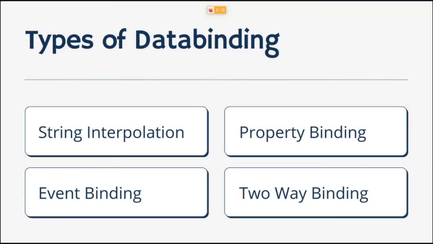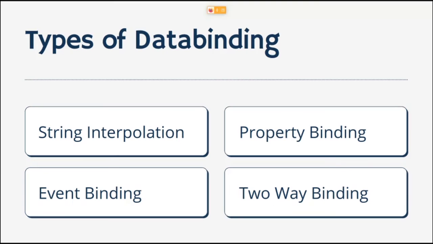Event binding is the click one which Raghav showed today. Click is an event, so connecting that click event to a function call is what event binding is. And two-way data binding is connecting an input field to the logic. Why we call it two-way data binding is because when you give some input into a text field, it stores it in the variable, and as well as storing it in the variable, it also shows you in the text input field what you have entered.